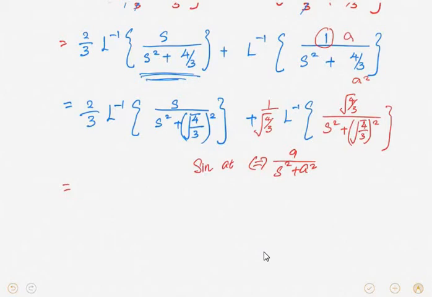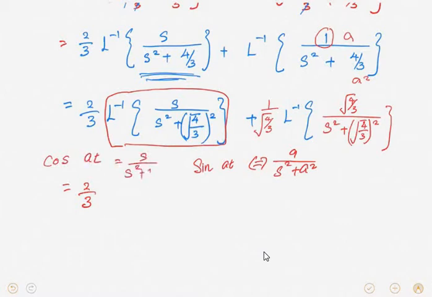Now this one we can change to cos, because cos at equals s over s squared plus a squared.